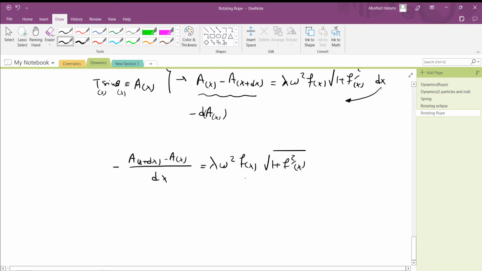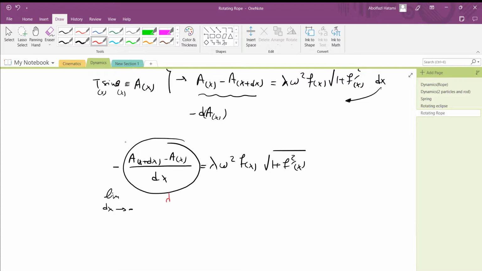And as you can see, if we take the limit as dx goes to 0, this is the definition of the derivative.